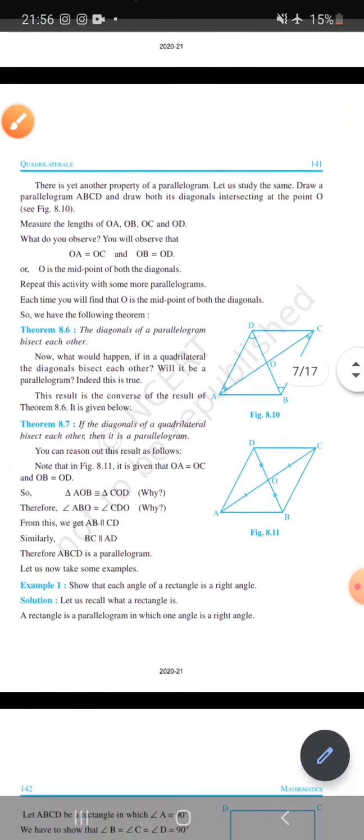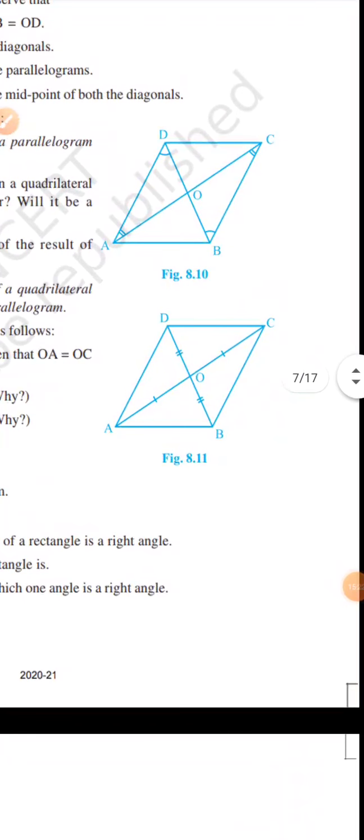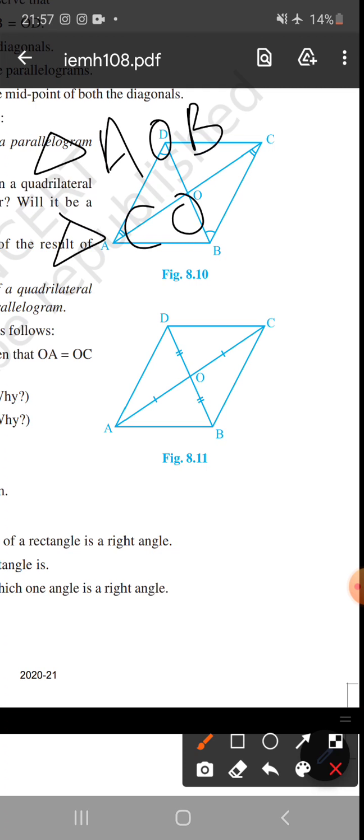And moving on to the next theorem, that is, if the diagonals of a quadrilateral bisect each other, then it is a parallelogram. What we actually need to show is AB is parallel to DC and AD is parallel to CB. So we will take these two triangles, triangle AOB and triangle COD.